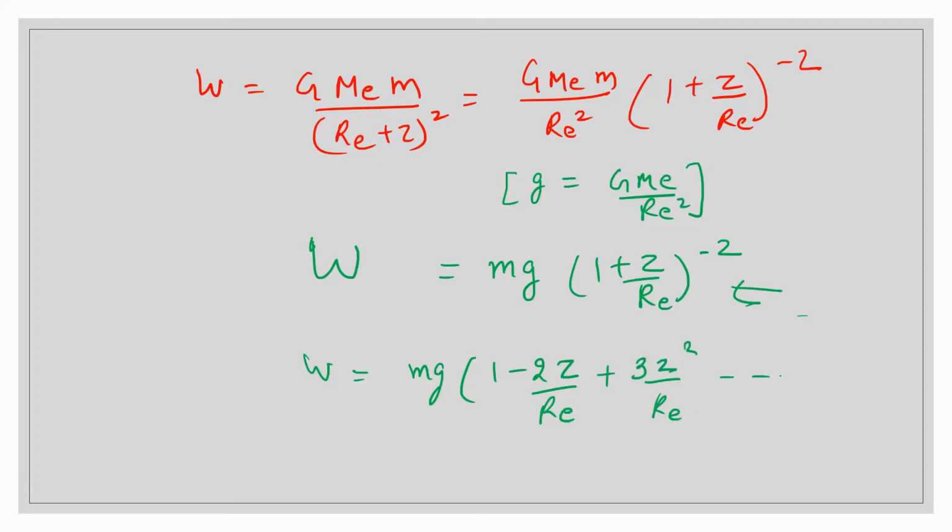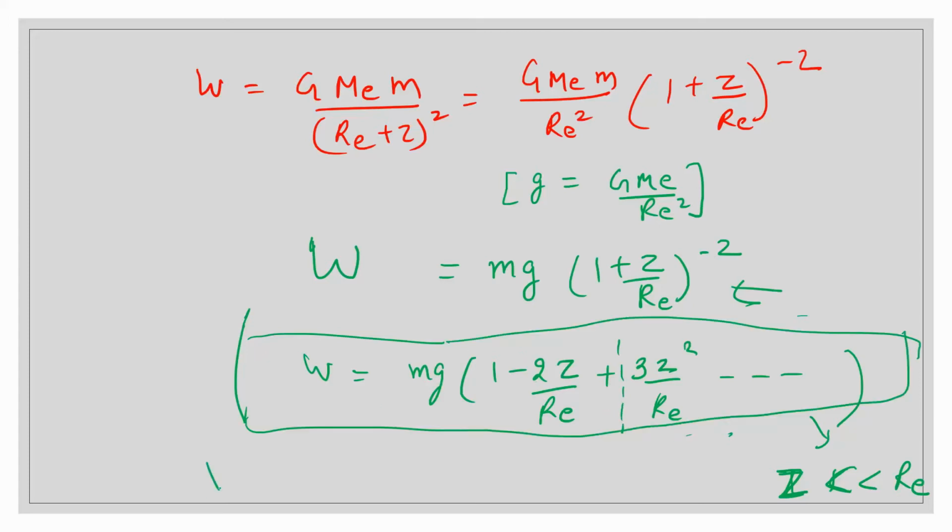This will converge only when the value of z is very much less than the radius of the earth. So this approximation holds good when z is very small compared to R_E. If you neglect the higher order terms and cut the series here, you will get W is equal to mg (1 minus 2z by R_E).